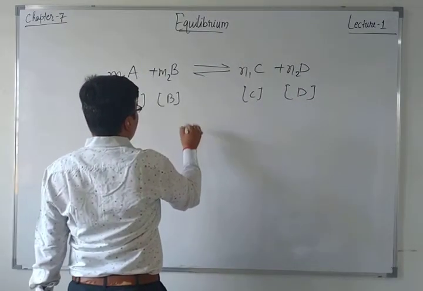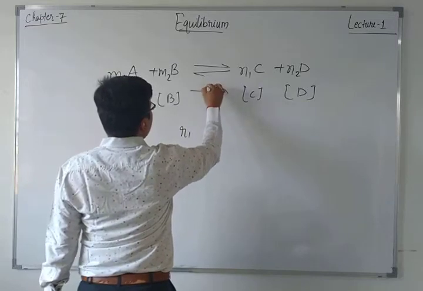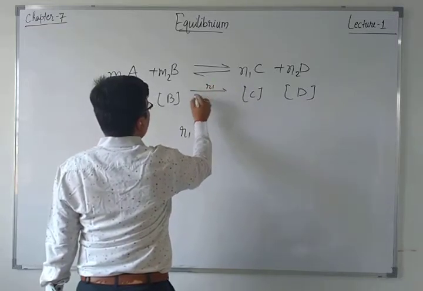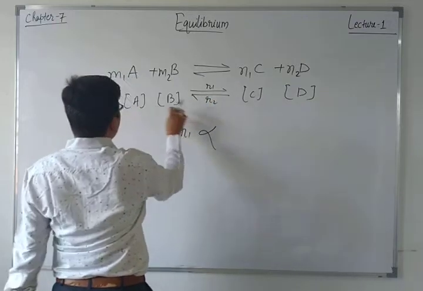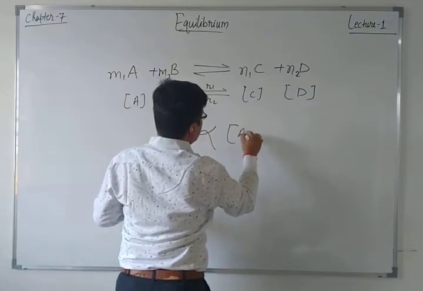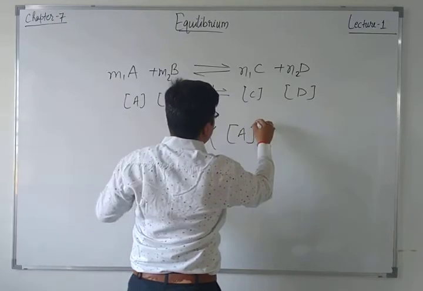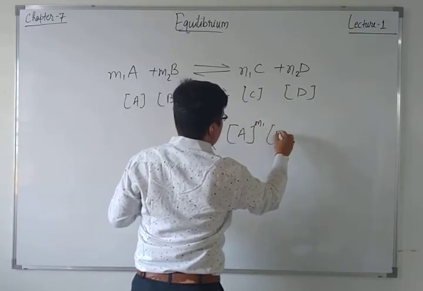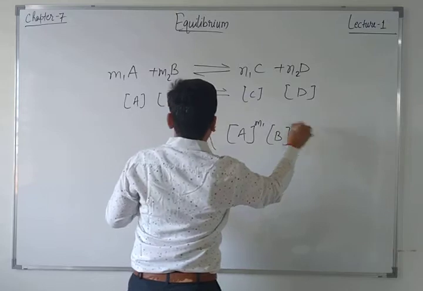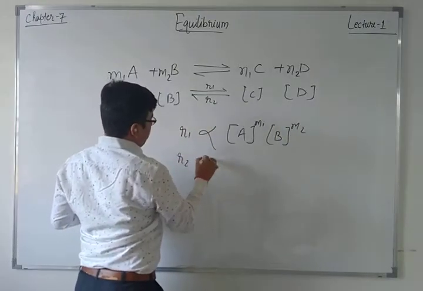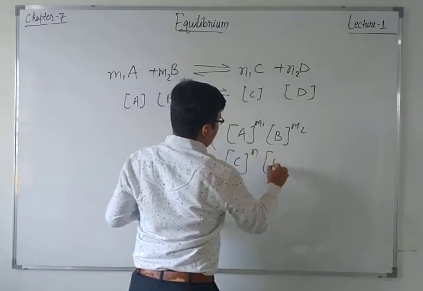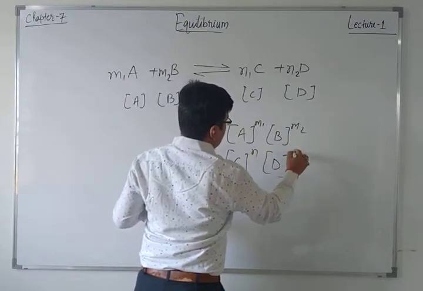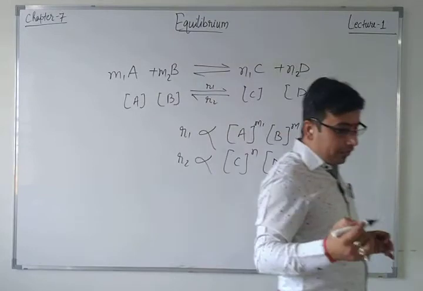So this is your R1 and this is your R2. R1 is directly proportional to the concentrations of the reactants, here M1 and here M2. And if I talk about the product, then similarly it is directly proportional to this. Have you understood what I have written here?